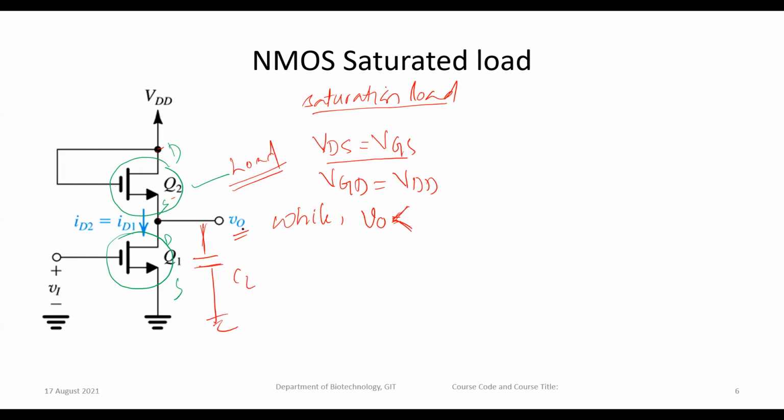As long as V naught is lower than VDD minus VTH, since both are N transistors, I can write VTH2 for the second transistor. While this condition is satisfied, the device is always in saturation, Q2 is in saturation.